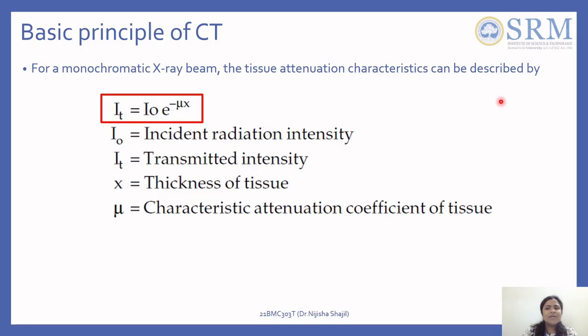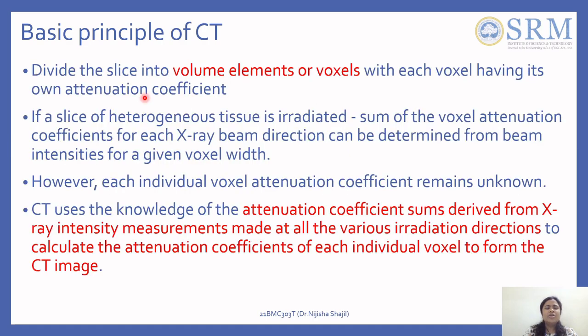Imagine I have a block and I send incident light. How much light is going to come out? It depends on the thickness, the distance it has to travel. It depends on the density, that is the characteristic attenuation coefficient of the tissue, and it depends on the incident light. Now, if you have one slice, you divide the slice into small units called voxels.